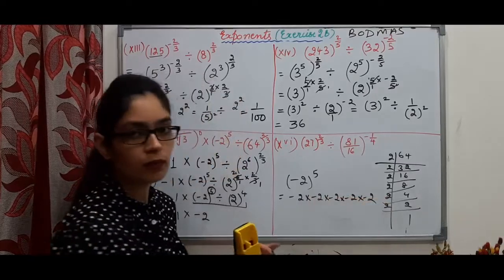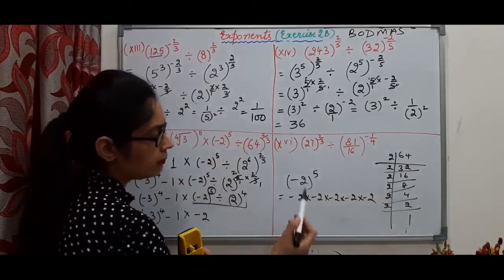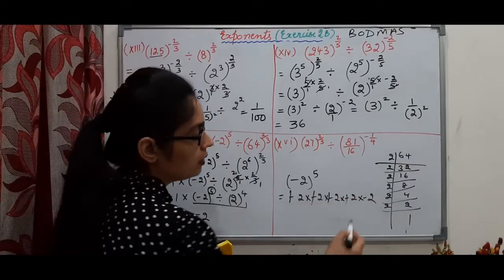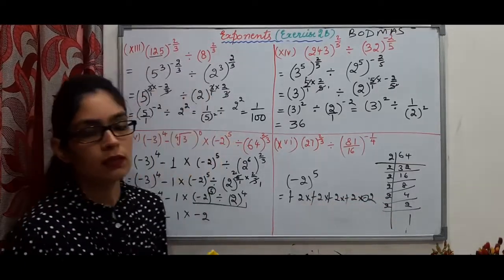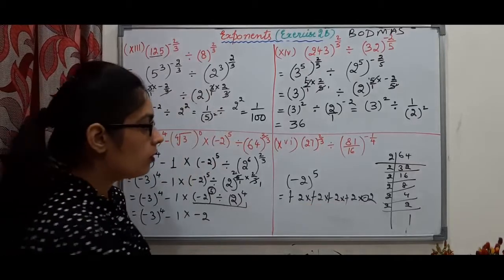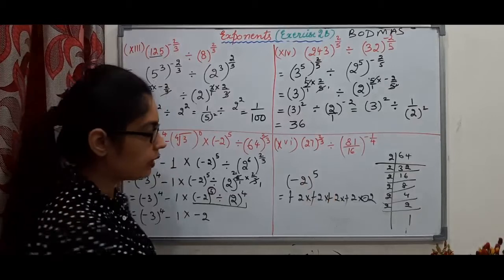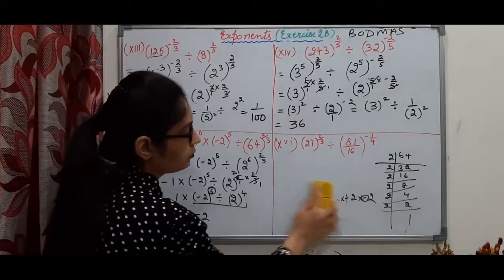An even number of minus signs will always get cancelled, but an odd number they won't. Two signs will get cancelled, these two will get cancelled, still we are left with one sign.